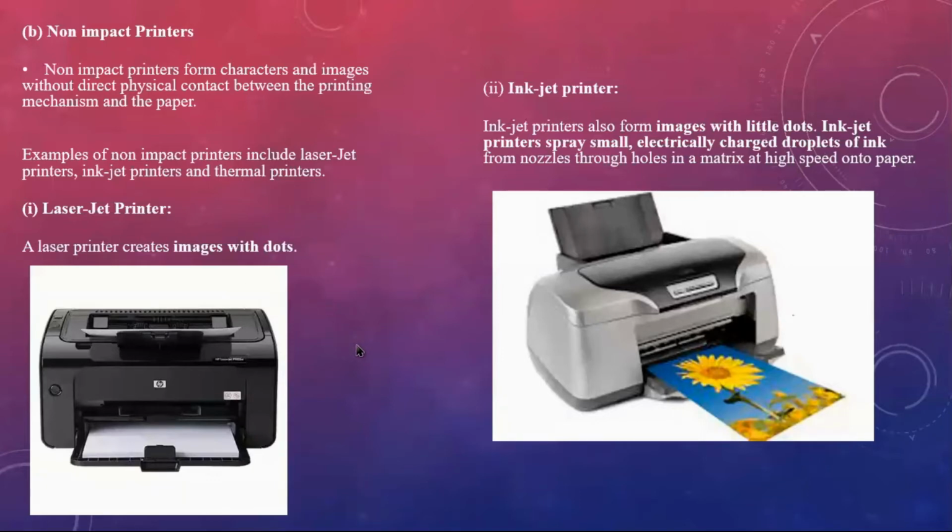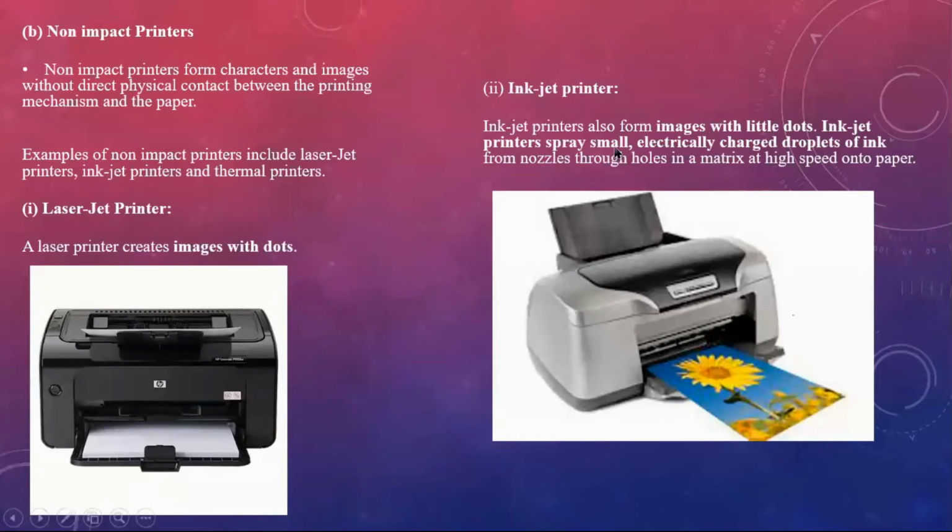Just because our time is running out, we are left with about 2 minutes. In those 2 minutes, I would like to just explain the inkjet printer, and then we stop here for today's lesson, and we shall continue from here next week.